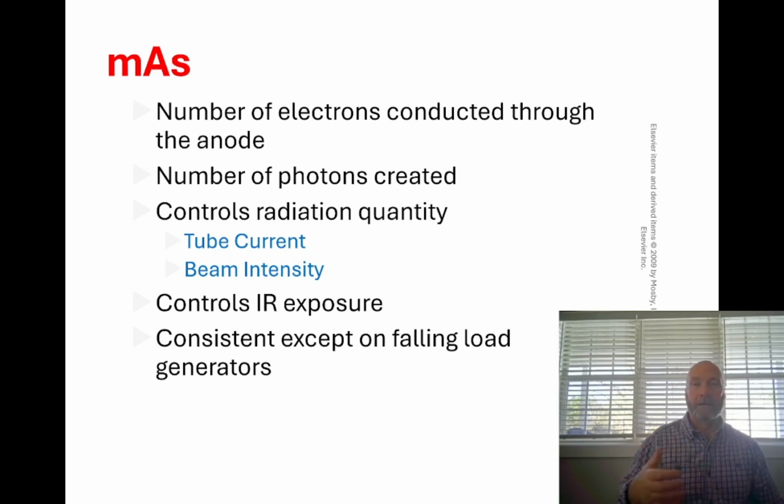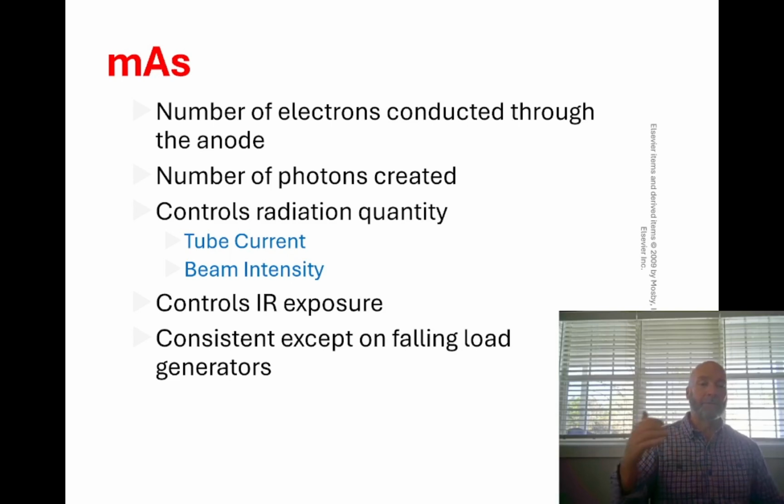What they want is to make the exposure with as short an exposure time as possible. The problem is that because of space charge limitations and things that we talked about last semester in physics, once you heat that filament up and you start sending those electrons across the tube, you can't replenish that space charge fast enough to keep a consistent flow of electrons.